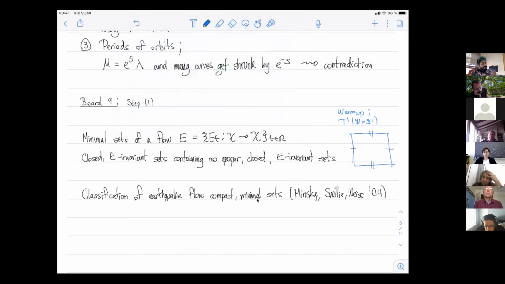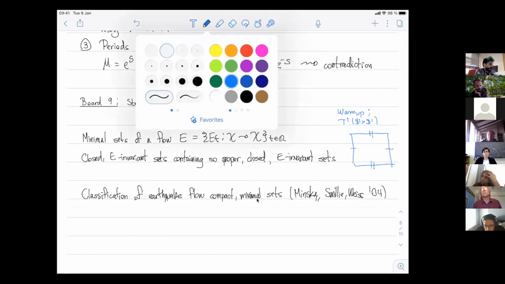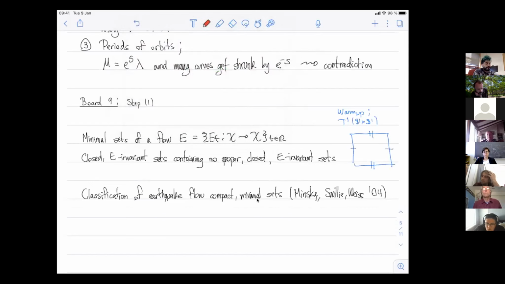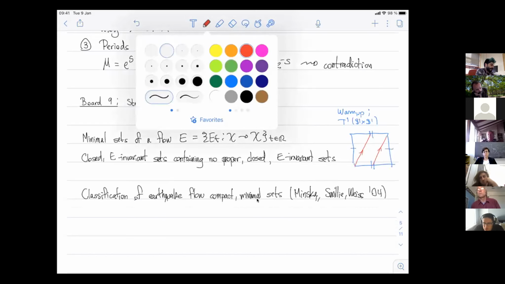I'm considering the geodesic flow, the linear flow on the torus. You can notice that minimal sets come in two flavors. They either come from rational orbits, moving in this direction, you end up here, and then here. So it's a one-dimensional subtorus.